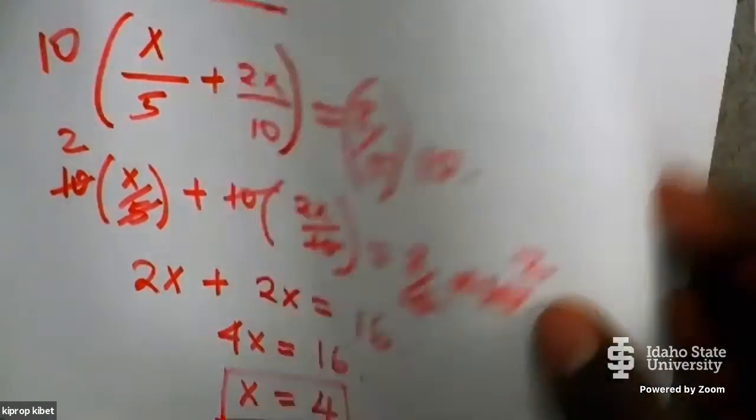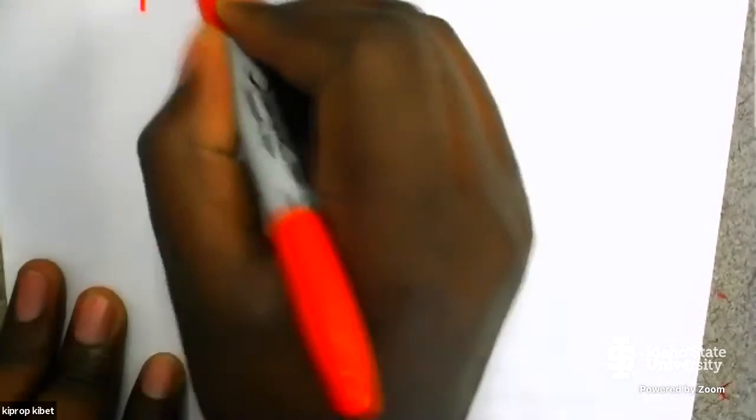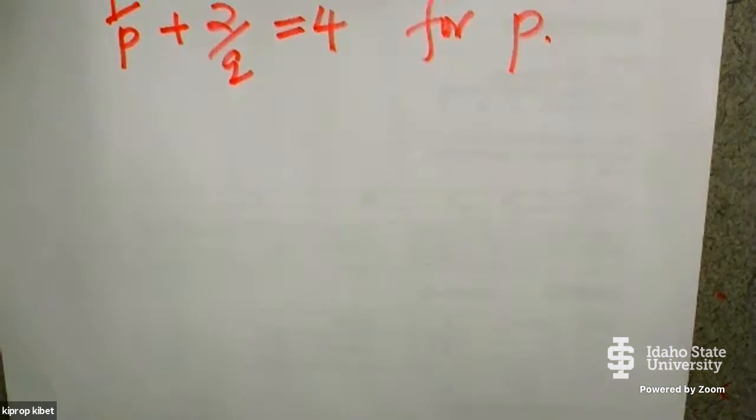Now, again, we solve another one, where you're given 1 all over p plus 2 all over q equals 4, solve for p. When you say solve for p, that means you make p the subject of the formula.